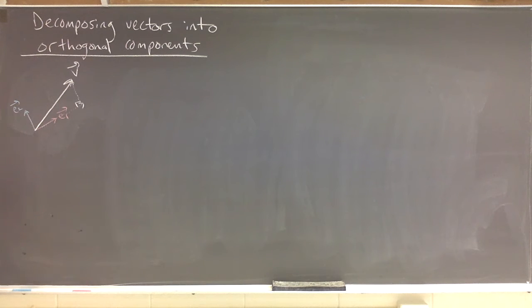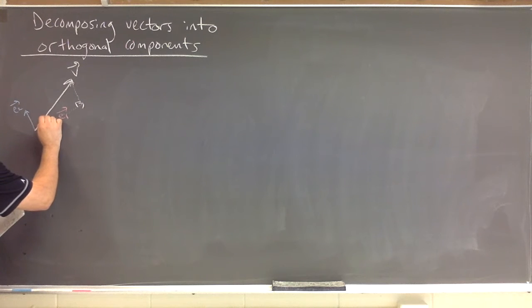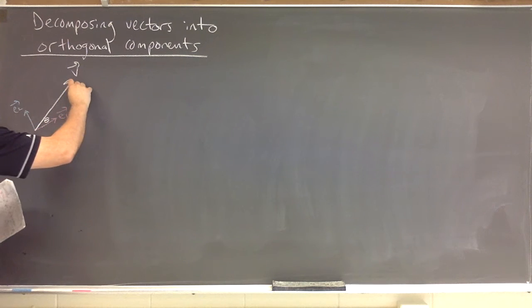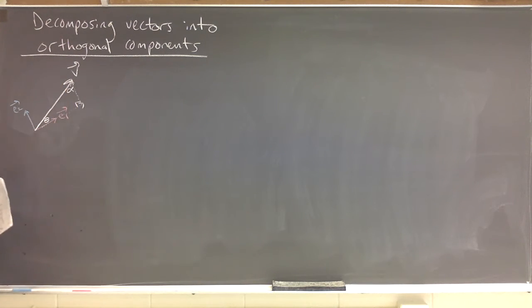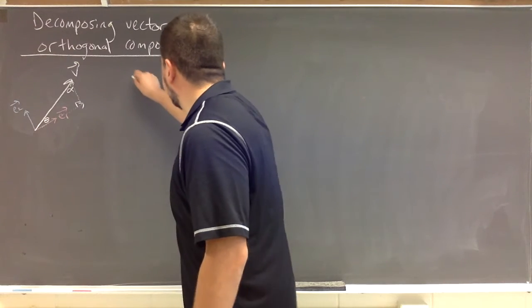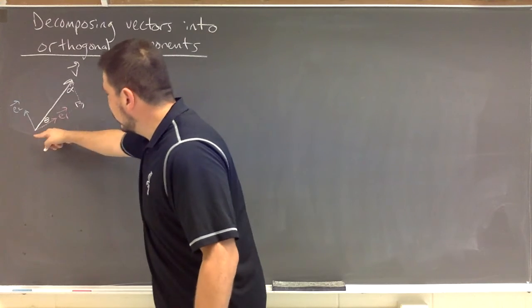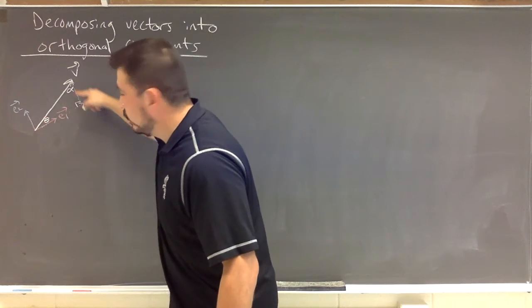And just for reference, I'm going to call this angle between E1 and V theta, and this angle up here alpha. We'll refer to those in a little bit. Based off of this picture, we know that I can write V as a sum of these two vectors that I drew.